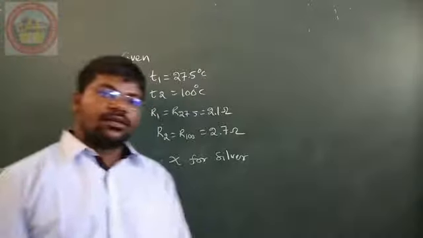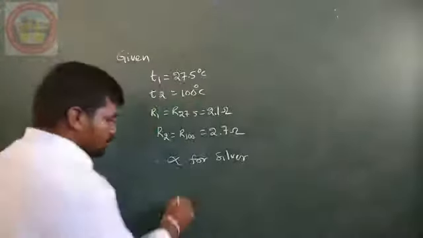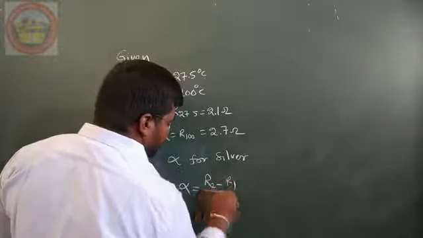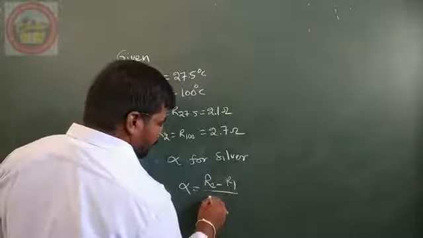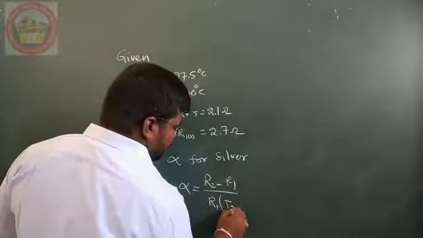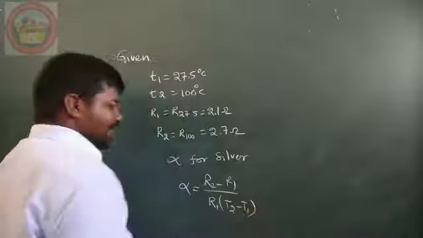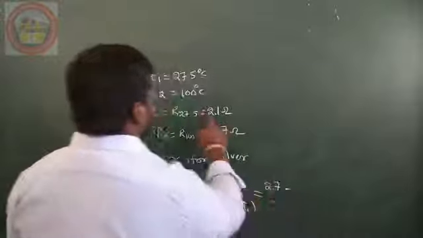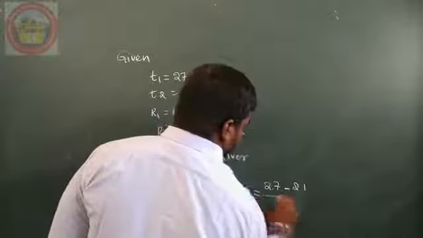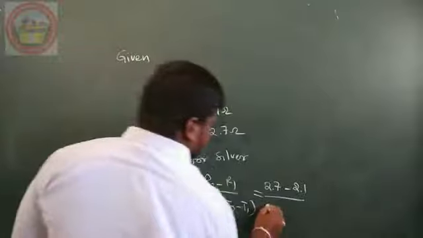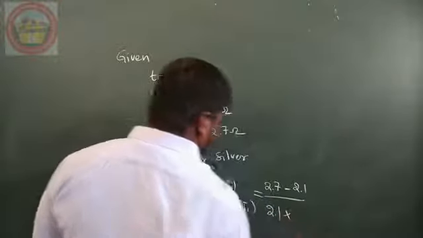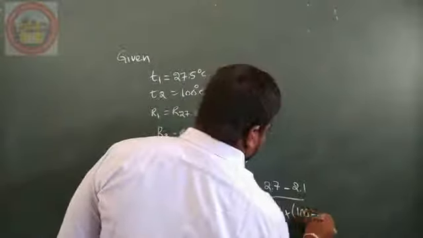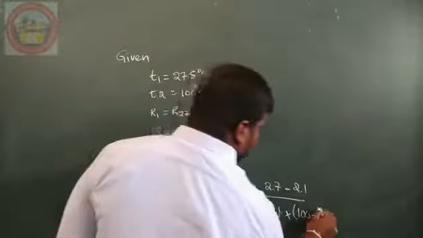So what is the formula? Alpha is given by R2 minus R1 divided by R1 into T2 minus T1. That is 2.7 minus 2.1 divided by 2.1 into 100 minus 27.5.